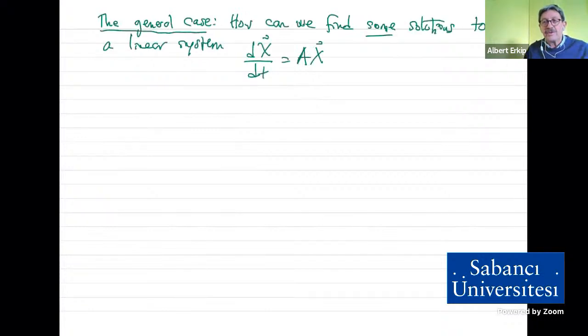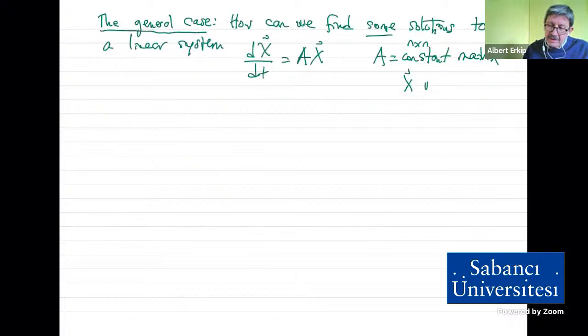How can we find a solution to some general linear system? Now, A is some constant matrix, of course. If A is variable, none of this would work. So A is an n by n constant matrix.